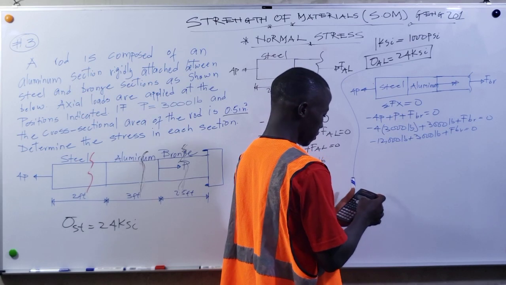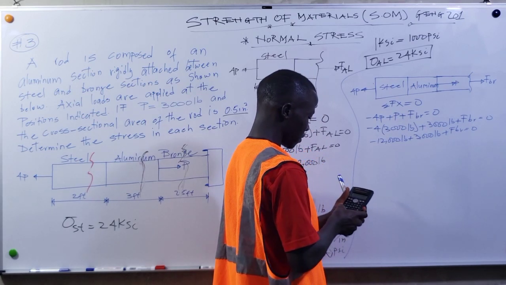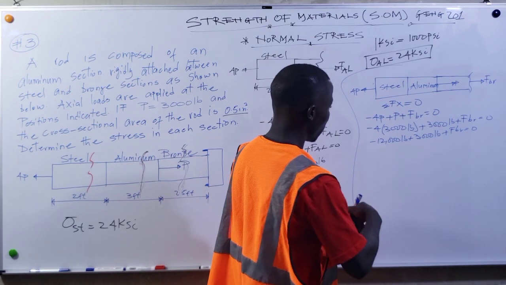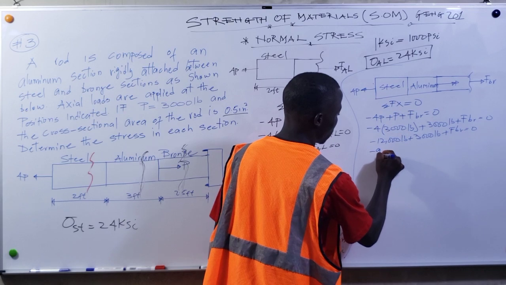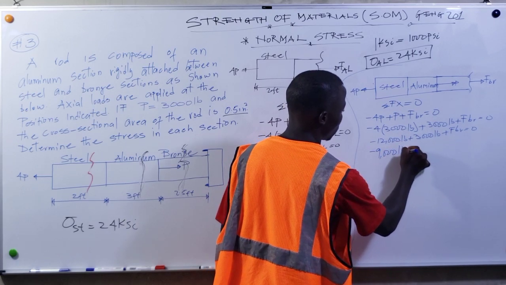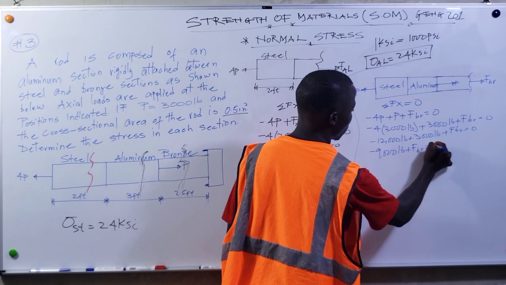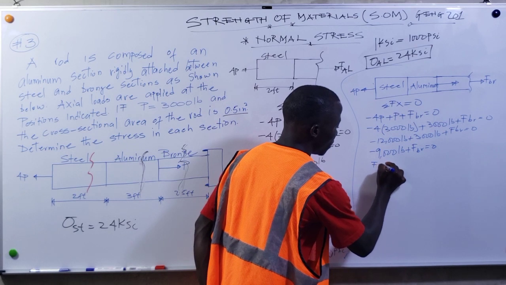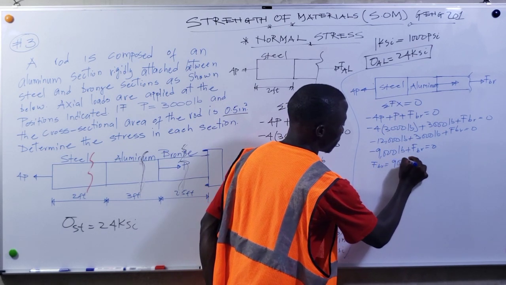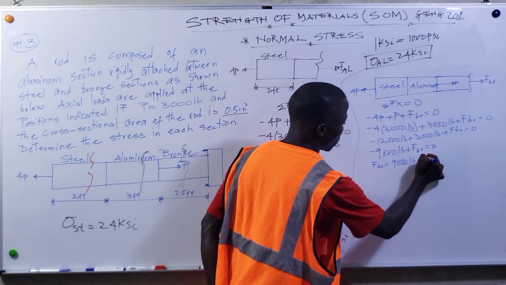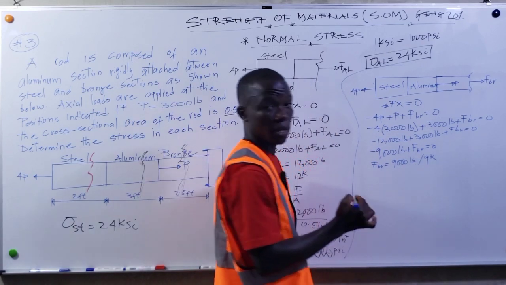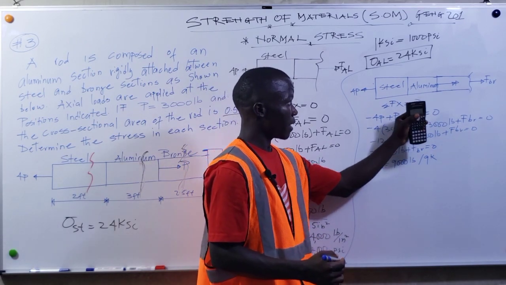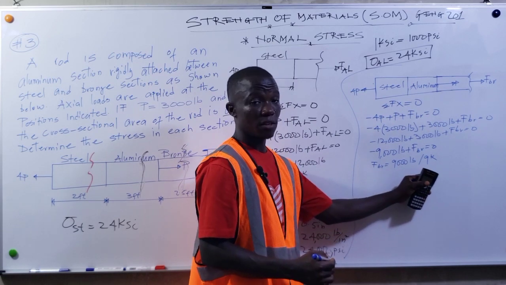So we got 12,000 minus 3,000, okay, 9,000, so it's minus 9,000 pounds plus force in the brooms is equal to 0. We send that across. We get force in the brooms to be 9,000 pounds or 9K. So now we have gotten the force that makes this bar at equilibrium, which is 9K.